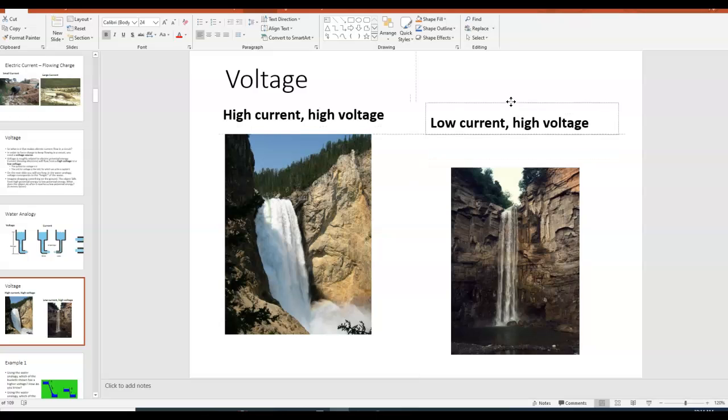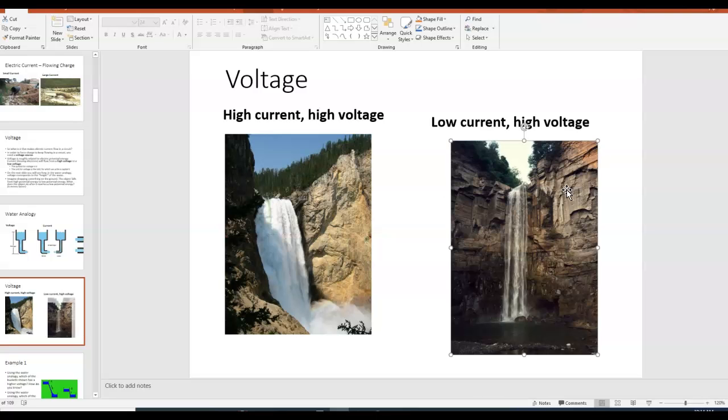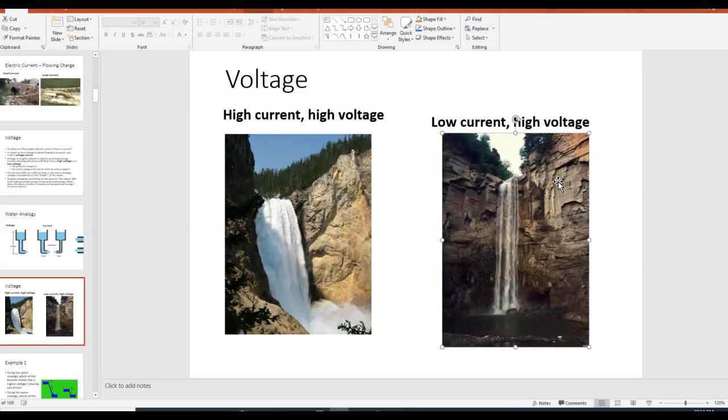So voltage in our water analogy is like the height, the thing that is making the water move to begin with. Current is the actual charge that's moving and how fast that's happening, and voltage is what is making it move. In the picture on the right, we can see low current because not a lot of water, but still a lot of height, so this could correspond to high voltage.